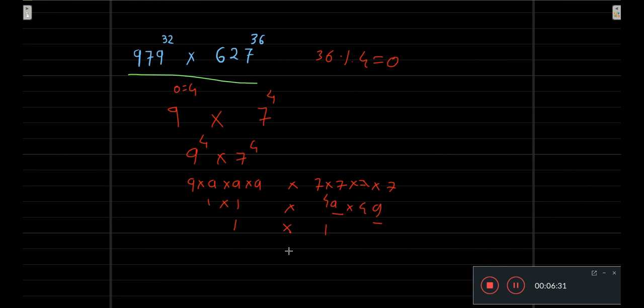So 1 multiplied by 1 is equal to 1. After simplification, the unit digit is 1. This is the shortcut method to find the unit digit of any expression.